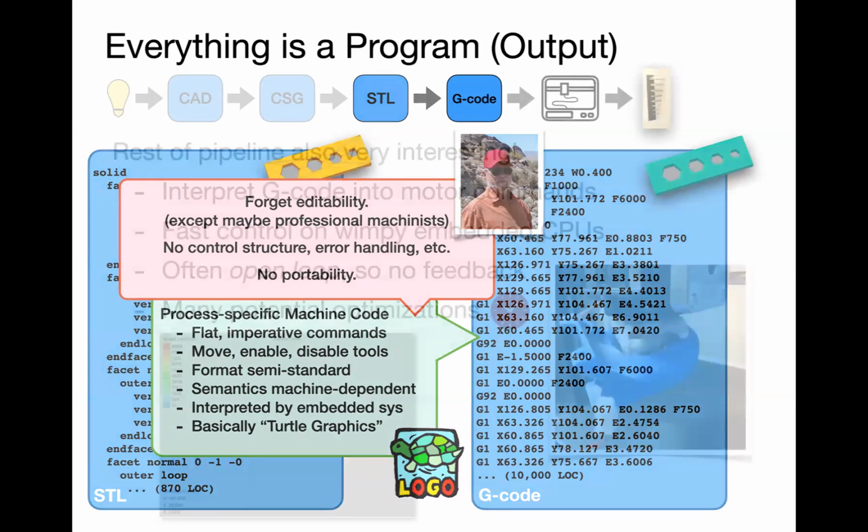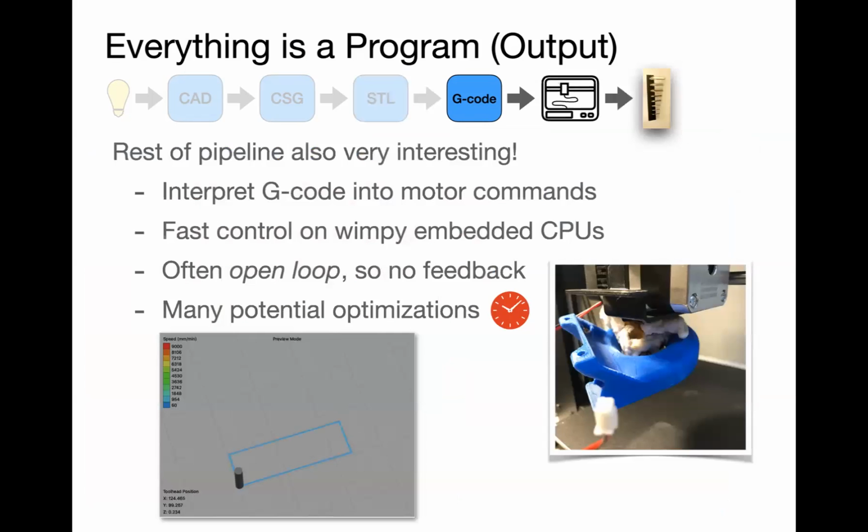And of course, there's still several steps left in the pipeline. These steps are also interesting, and I think there's a lot of interesting programming languages challenges here as well. We have to take that G-code and somehow interpret it. Typically that's done on really low power embedded CPUs. Typically there's no feedback. For desktop manufacturing, you usually use stepper motors rather than servos, which have encoders in them, so you know the position.